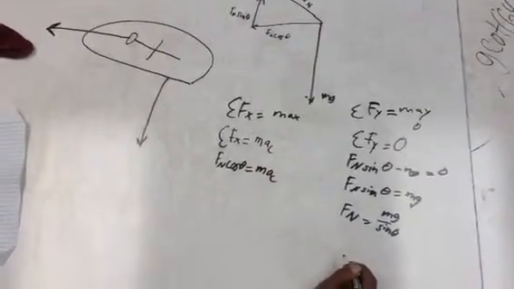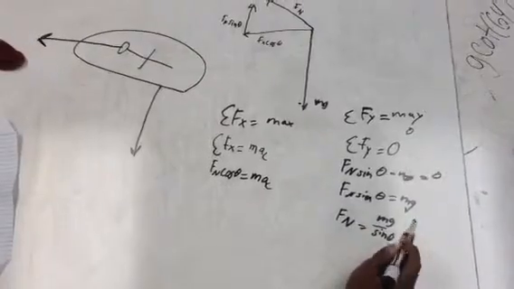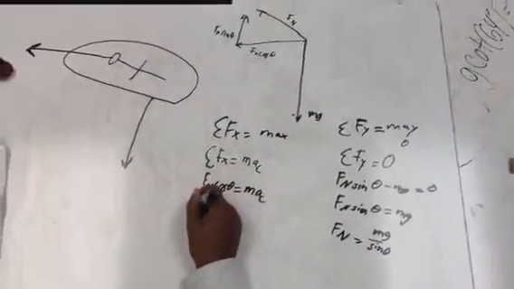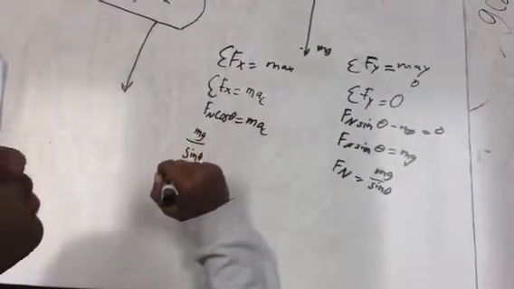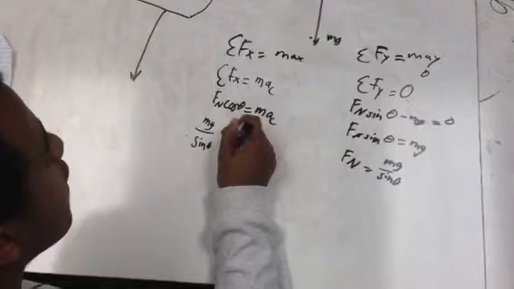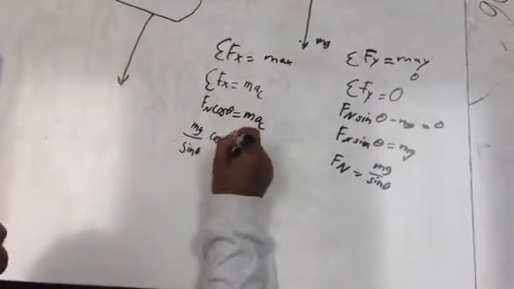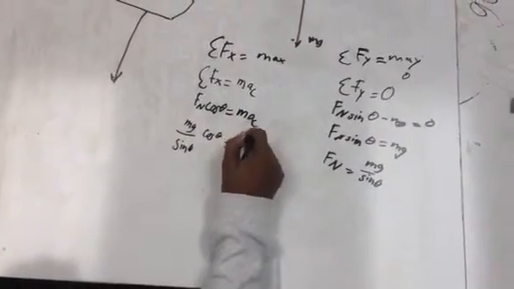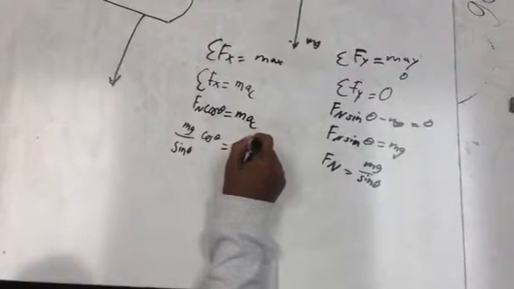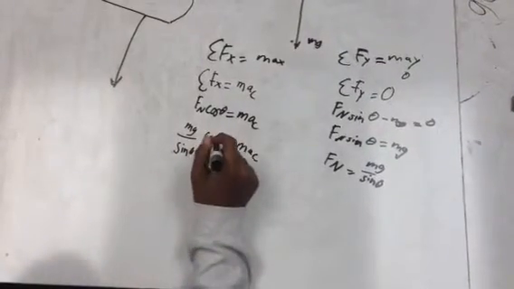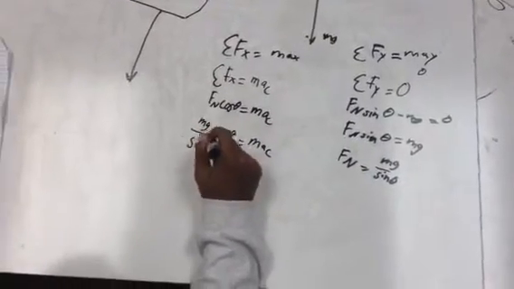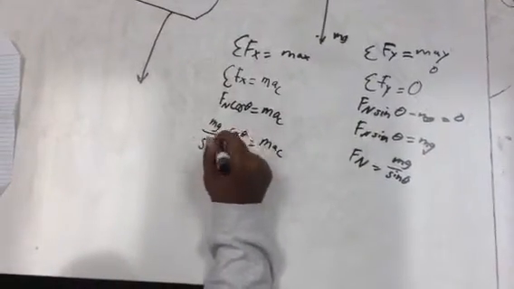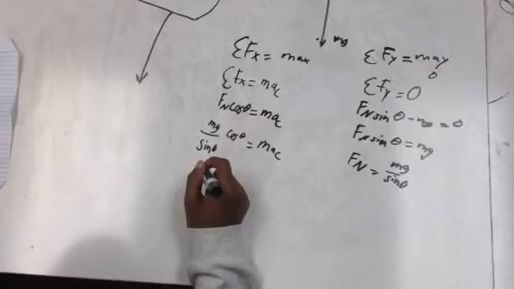From the other equation, we derived that normal force is mg over sine theta, so we can just plug that in here. So mg over sine theta multiplied by cosine theta is equal to the mass times the centripetal acceleration. Using our trig knowledge, we know that when cosine is divided by sine, it turns into cotangent.